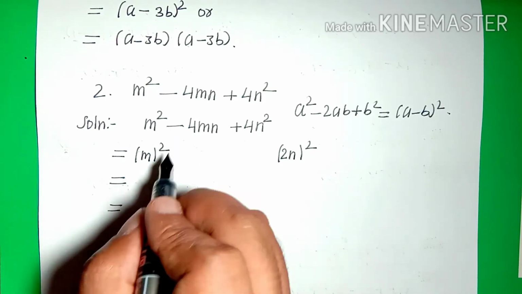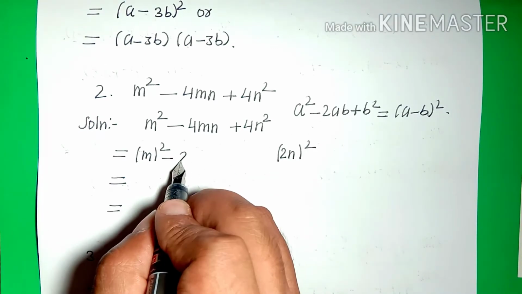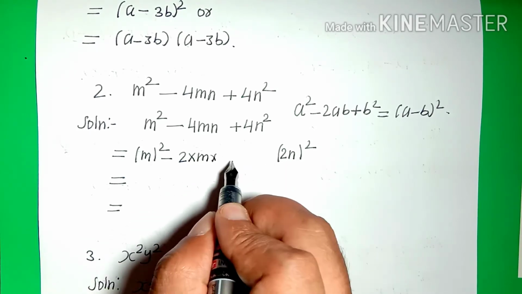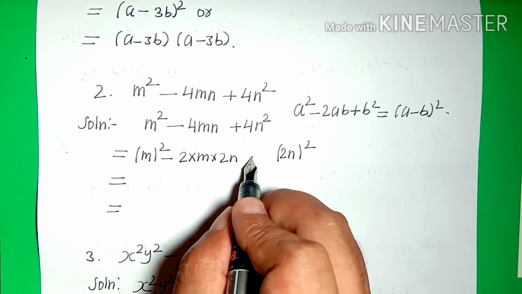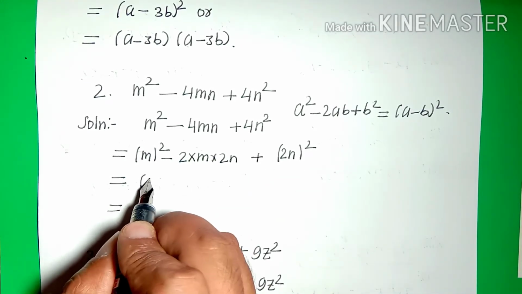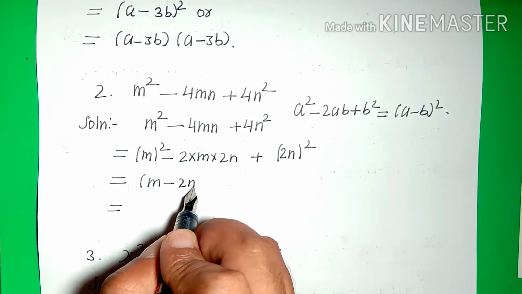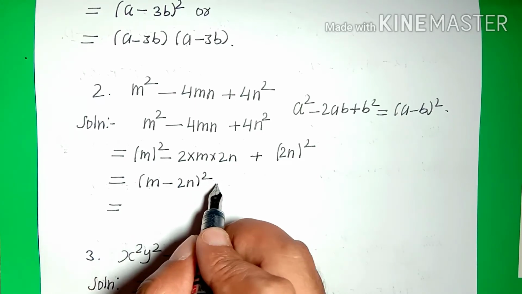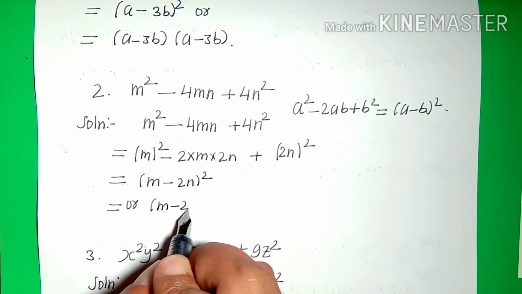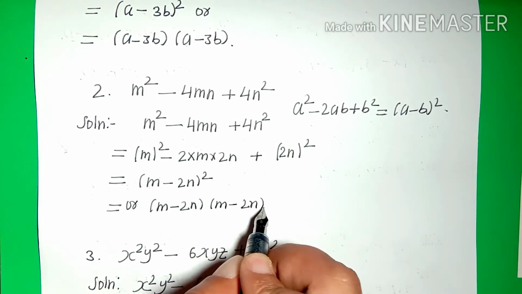Now after it, the minus sign, take 2ab, so 2 into a means only m, into b means only 2n, followed by plus b square, and that equals a minus b. Then m minus 2n the whole square, or this can also be taken as m minus 2n into m minus 2n.